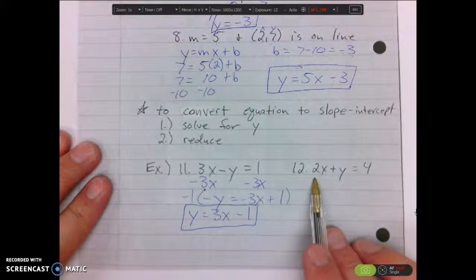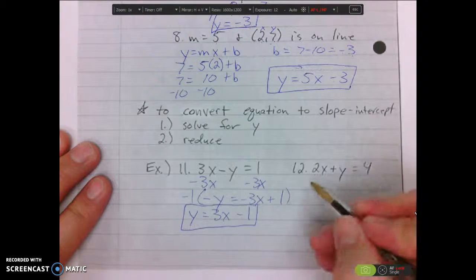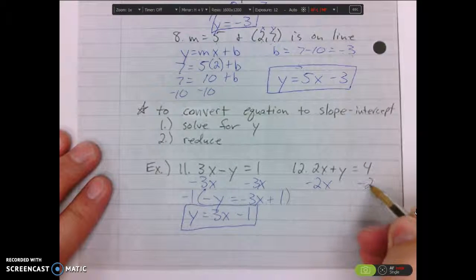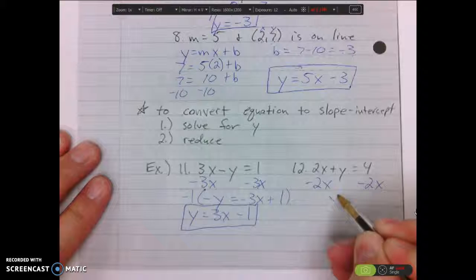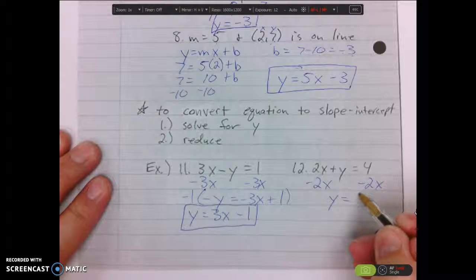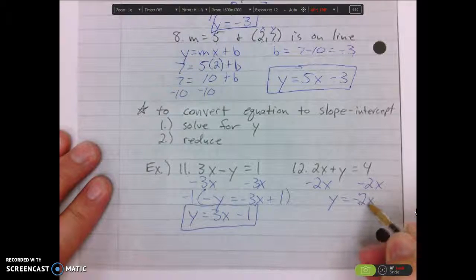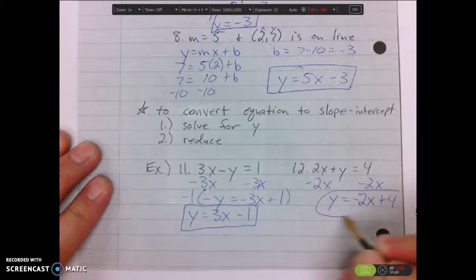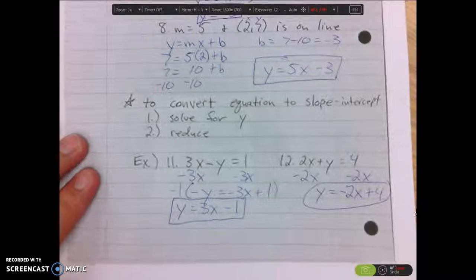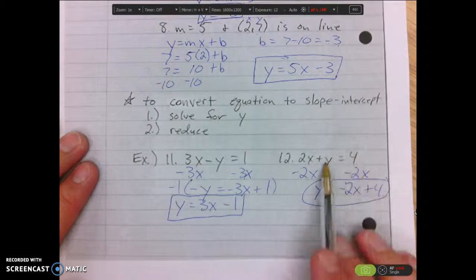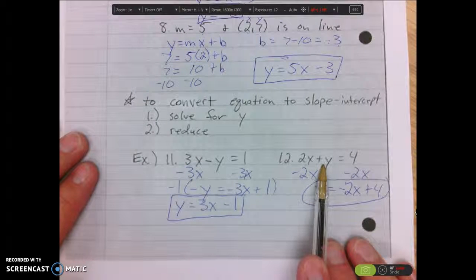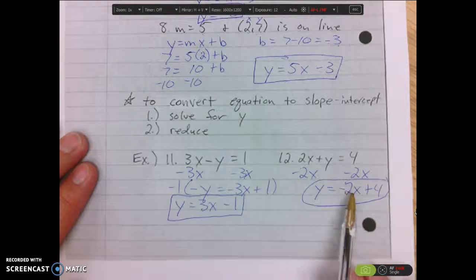On number 12 here, just a one-step equation. Just subtract 2x from both sides, and you get y equals negative 2x plus 4. One thing I want to point out and remind you is if there was a number in front of this y, like a 2 or a 3, we would have to make sure we divide everything.